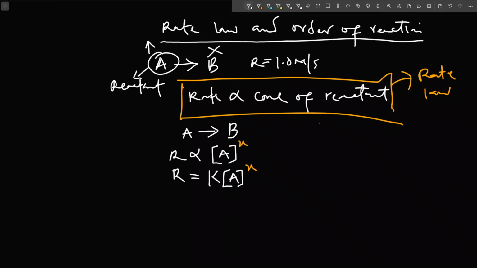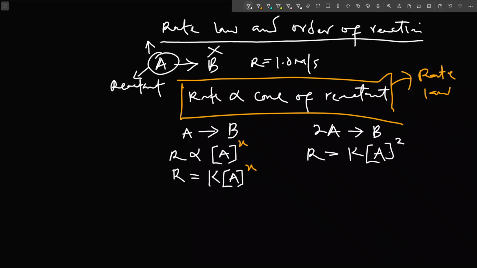Let's take, for example, 2A to give B. If I ask you what is the rate law, it is wrong for you to tell me that the rate law is R equals K[A] raised to power 2. Although it might be correct, it is wrong to assume that the coefficient of the reactant is the power of that concentration.